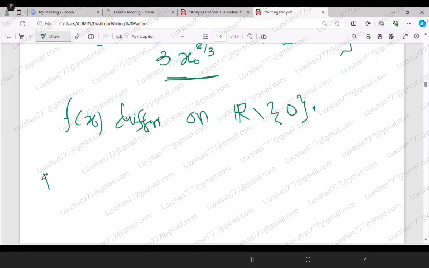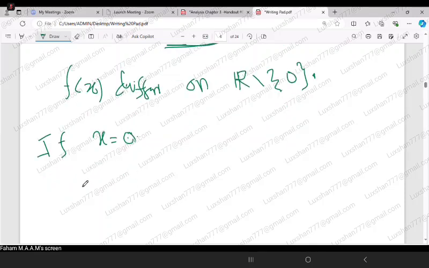Now, if x equals 0, if you consider the limit of f of h, you have to understand why I'm writing f of h.